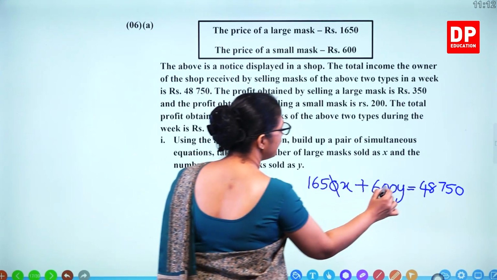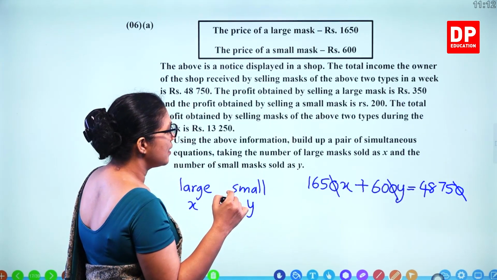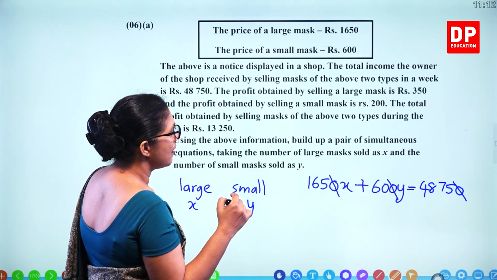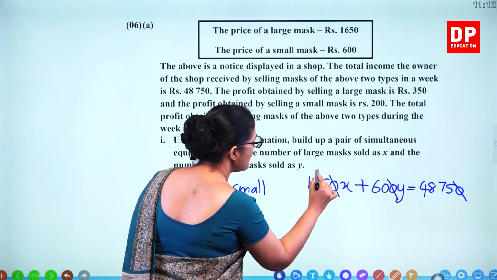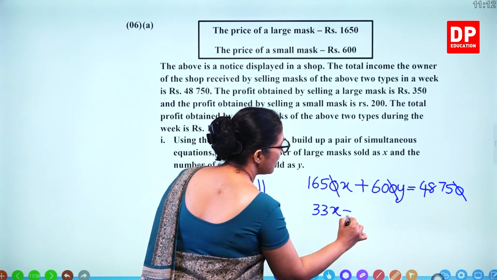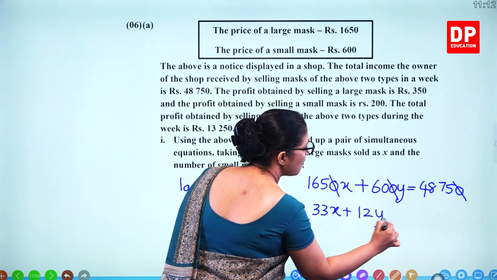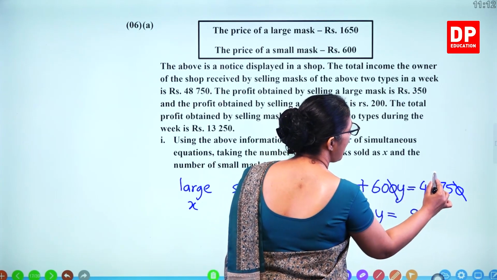Divide by 10 and divide by 5. 5 times 3, 15. 5 times 9, 45.